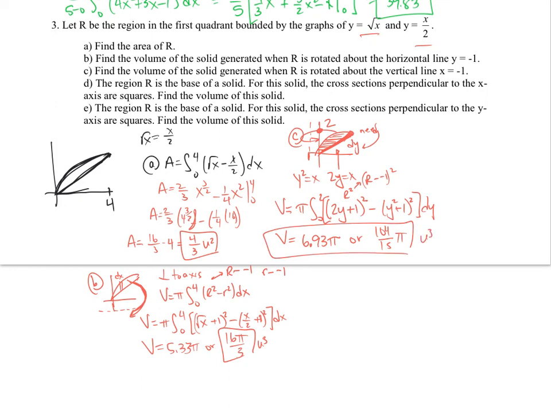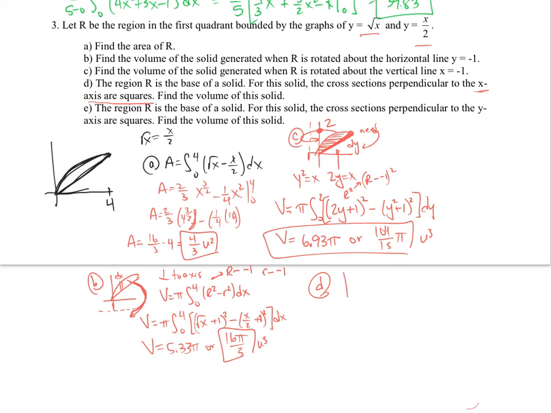All right, for part D, we are looking at this. The region R is the base of a solid. For this solid, the cross sections perpendicular to the x-axis are squares. So cross-sectional area is what we're looking at here.